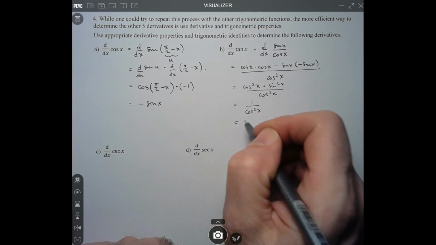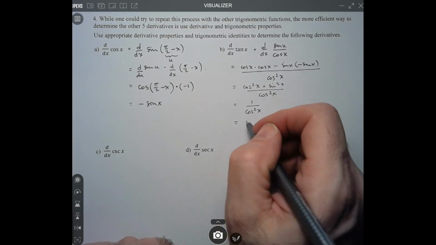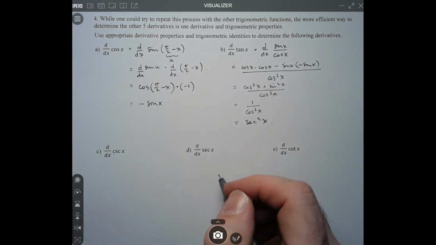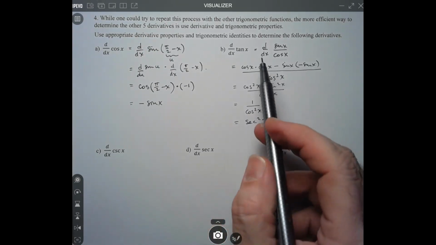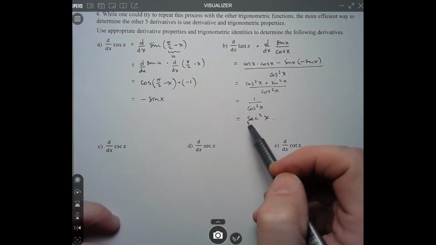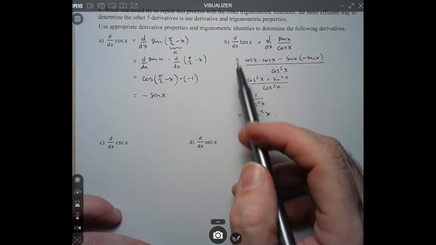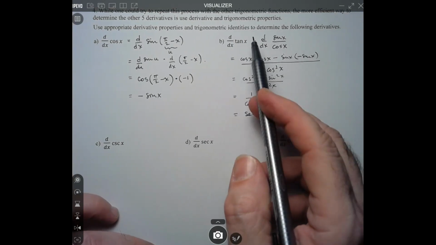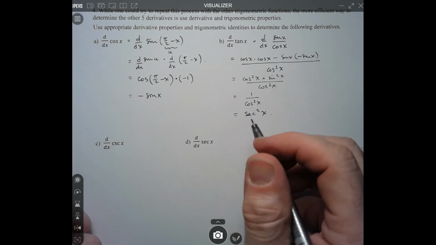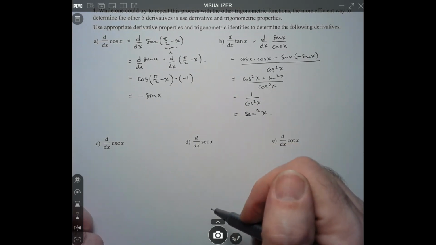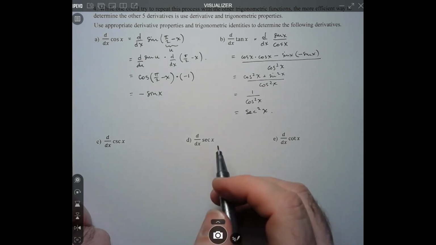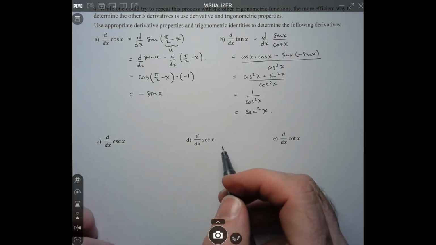Since 1 over cos is equal to secant, this is secant squared x. Again, we're seeing that the derivative of a trigonometric function is itself another trigonometric function. Not surprising that one repeating function has a derivative that is also going to be a repeating function. This time, secant squared. Okay, so I'll just do cosecant, just do something a little different, and then you can finish off the other two yourselves.